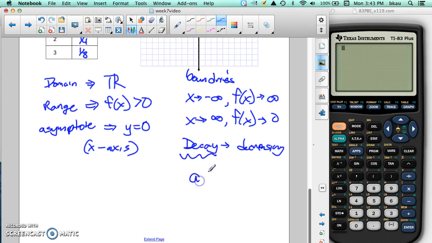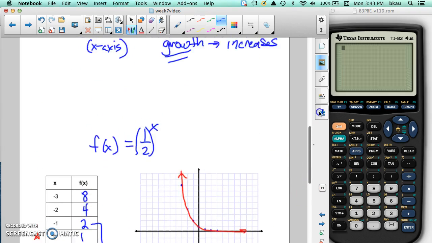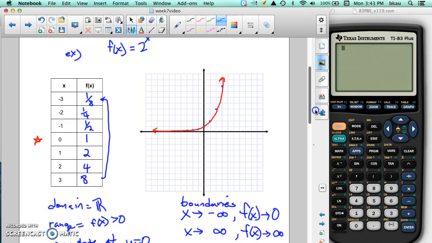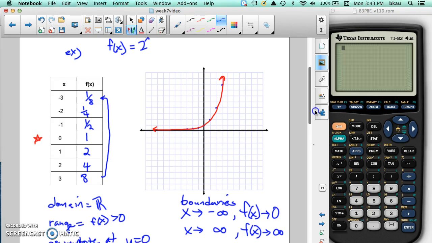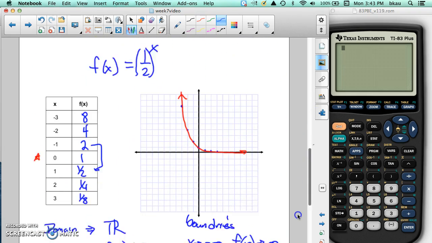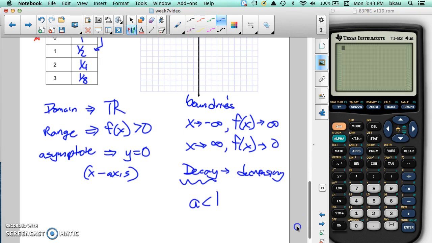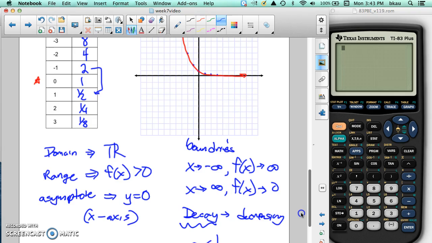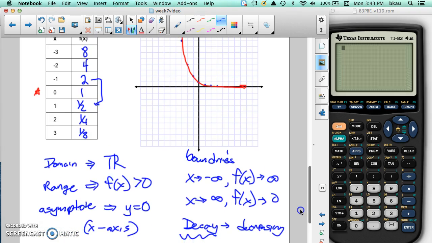So a here is going to be less than 1 to get decay. Up here, to get growth, we have a greater than 1. So if a number is bigger than 1, it's going to look like this. And if it's less than 1, it's going to look like that. That summarizes what's going to happen every time we do this.